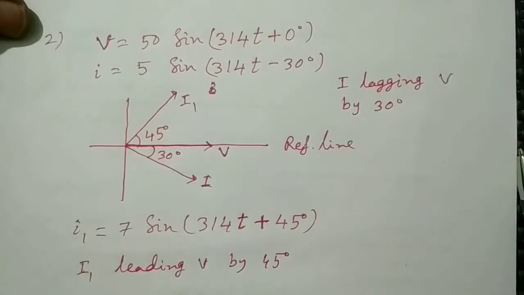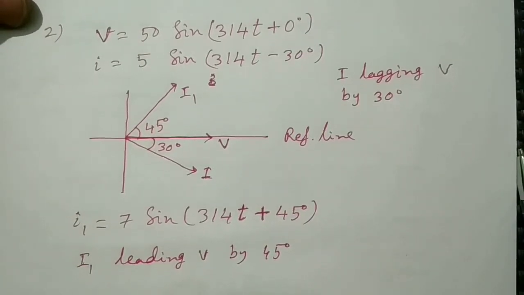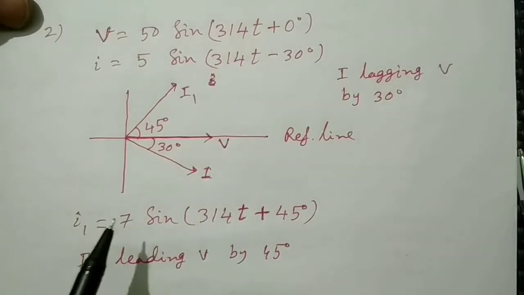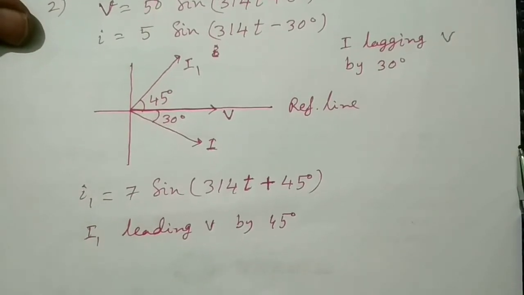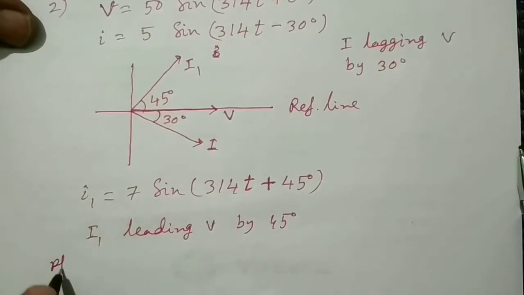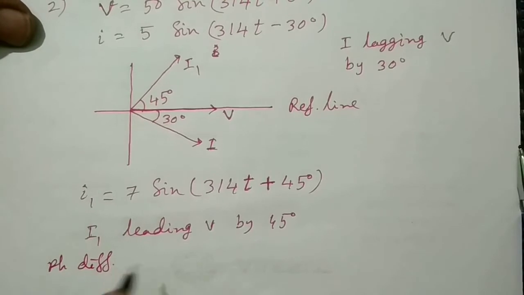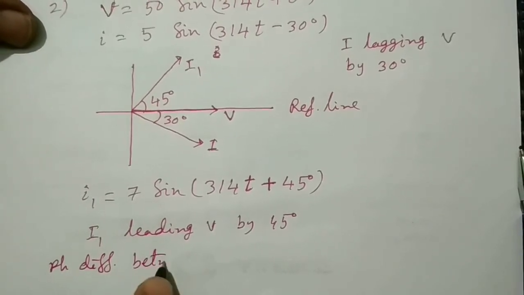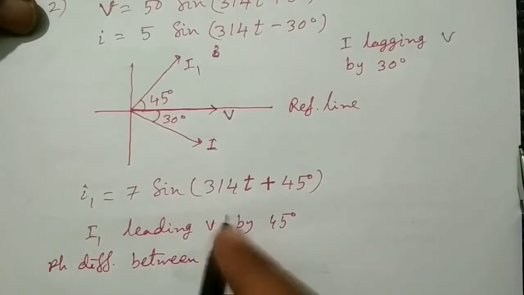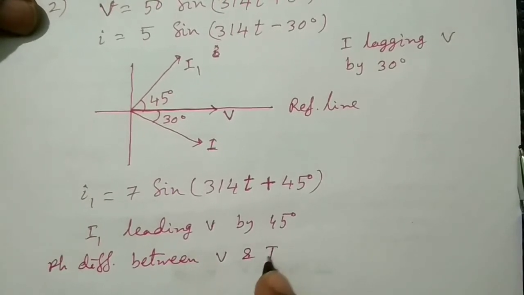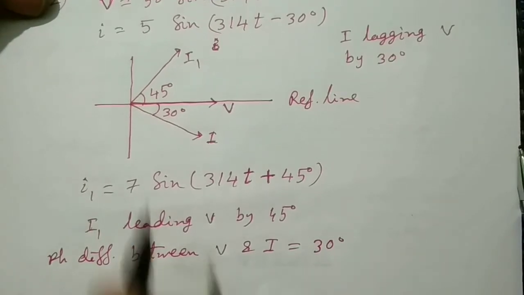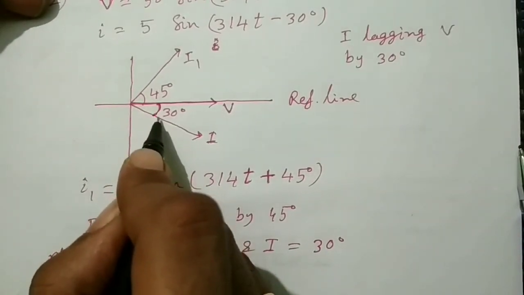Because V is in the reference line, we consider I and I1 with respect to the voltage, that is V. If we want to find the phase difference between all three parameters, the phase difference between V and I is 30 degree.